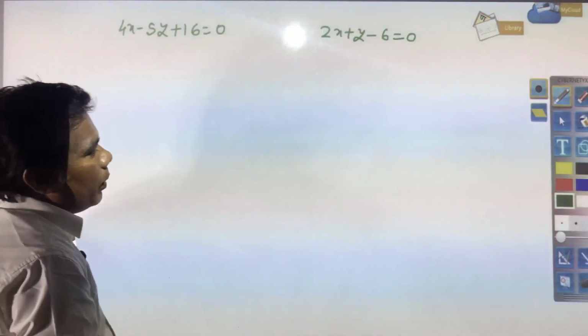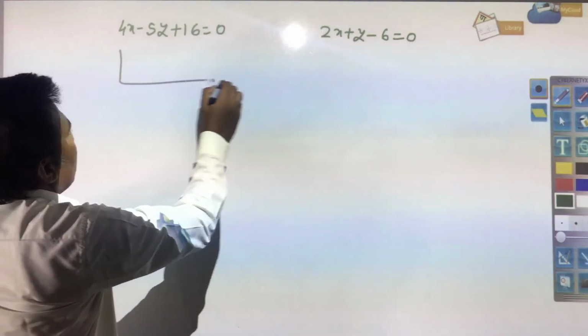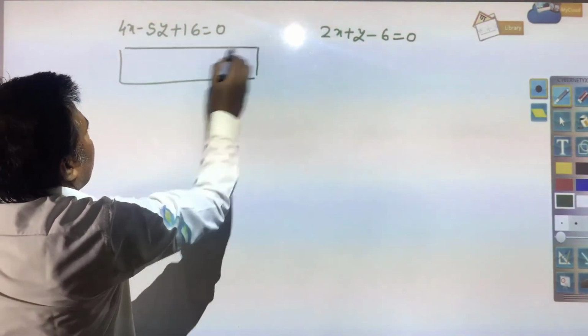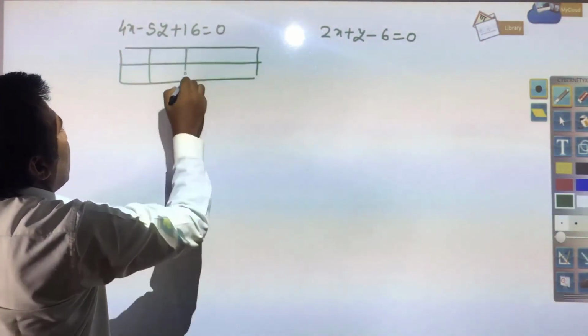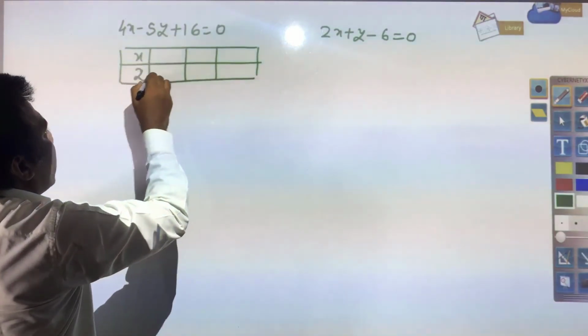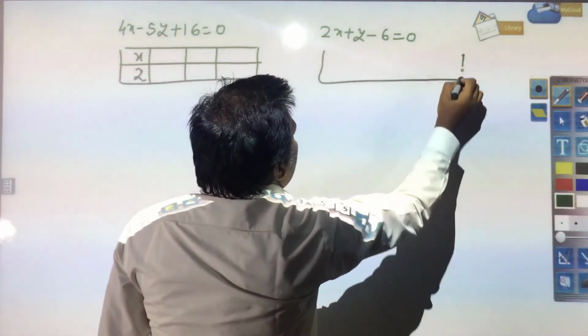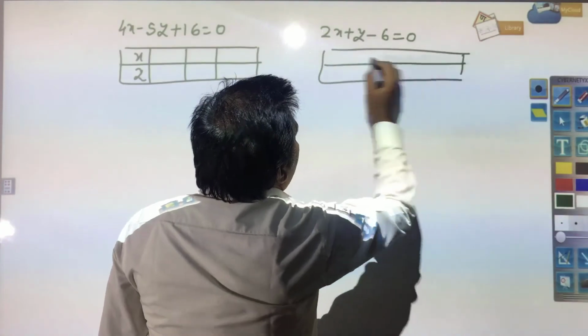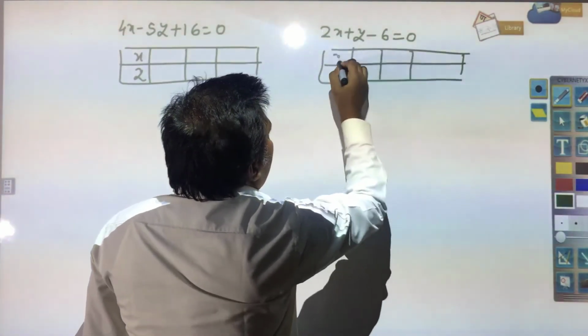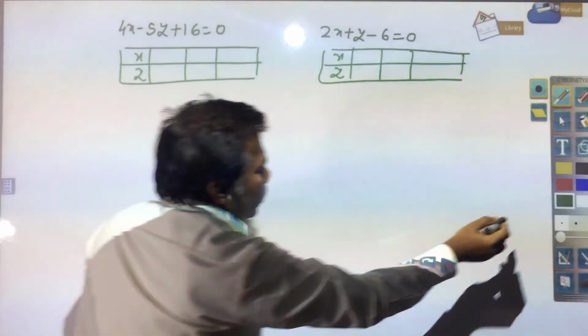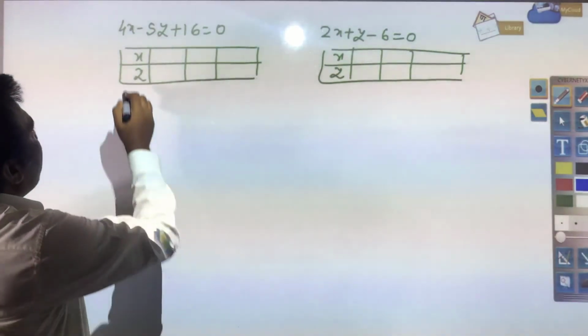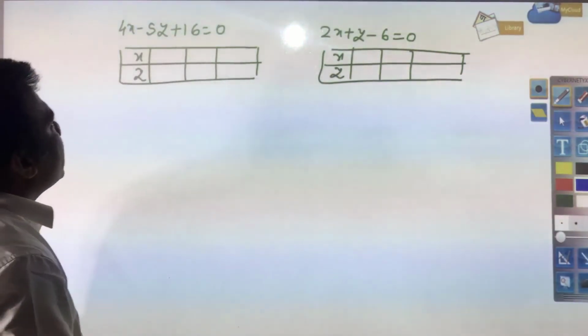A table is required to be made. This is for this equation, x and y, and this is for the other equation, x and y.